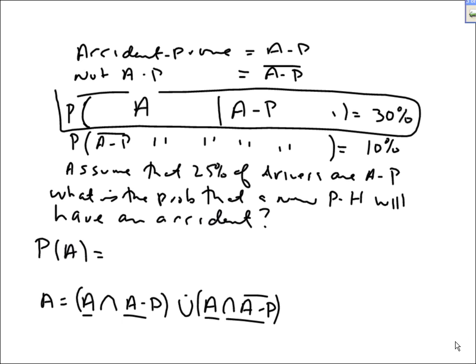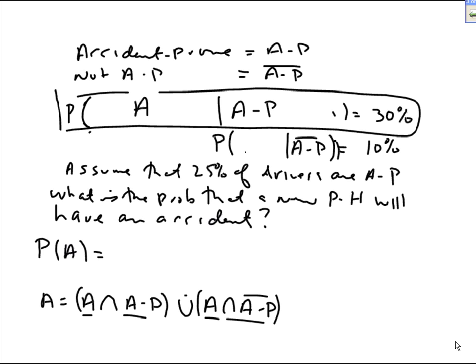You are told that the probability that a non-accident-prone driver has an accident is 10%. So you are given that you are not accident-prone.